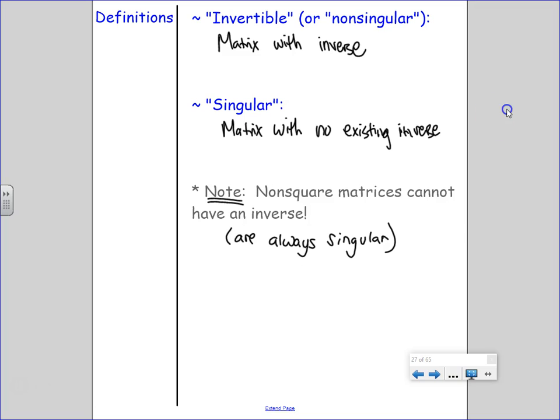Couple vocab terms. Are we good? Are we ready? Oh, couple more moments. Now guys, basically the rest of today, we might cover a couple applications. The rest of today is pretty much how do you find inverses. I think we're going to talk about three to four different ways.